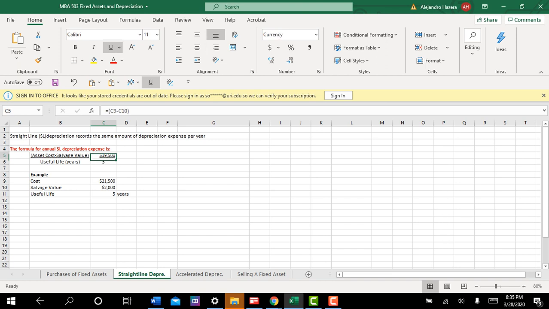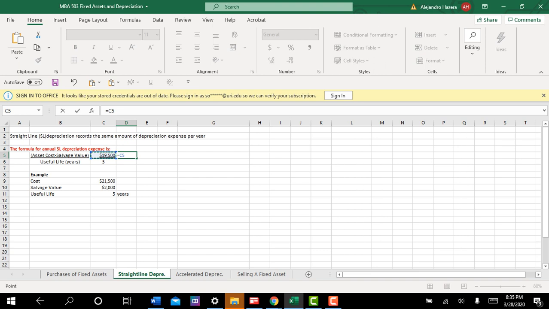Okay, and so by taking 19,500 and dividing it by 5 years, you can see the formula right there. What that's going to give you is 3,900, and I'm just going to say that is going to be your annual depreciation.